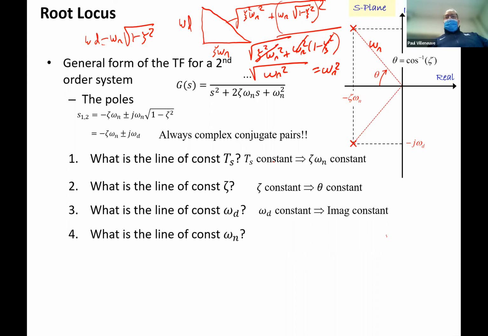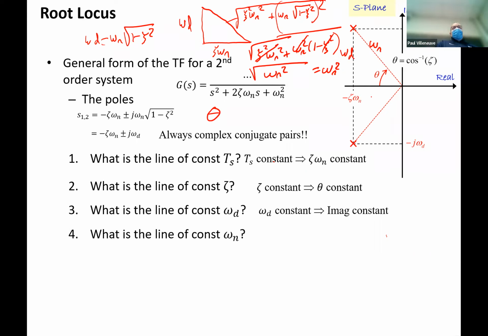Now I'm going to use a trig identity. What does SOHCAHTOA say about theta? How do I solve for theta? I know that this is omega sub d. The real axis is minus zeta omega sub n. And the hypotenuse is omega sub n.